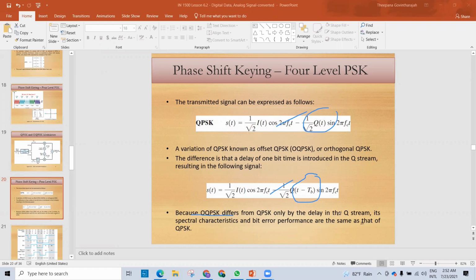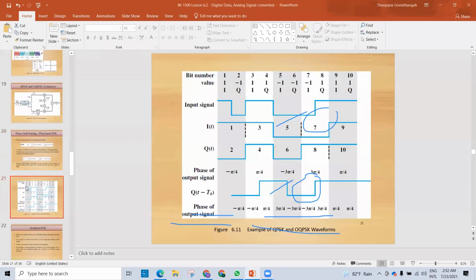OQPSK differs from QPSK only by the delay in the Q stream. Otherwise, all the spectral characteristics and bit error performance are the same as QPSK. When you see this picture, you can understand everything.